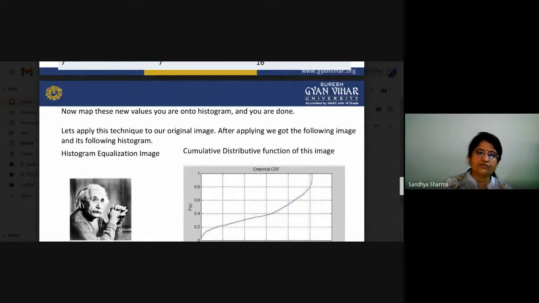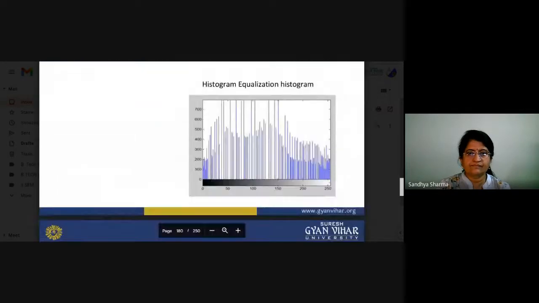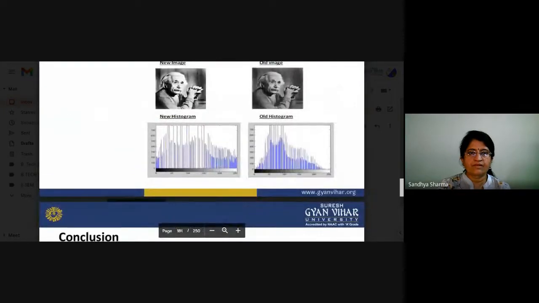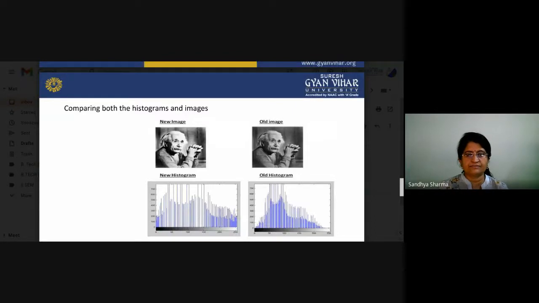So that is the histogram equalized image. This is the cumulative distribution function of this image. So this is the comparison of both the histograms and images.